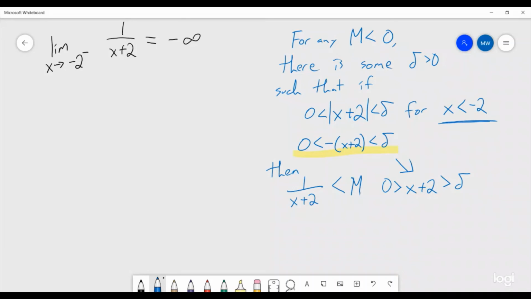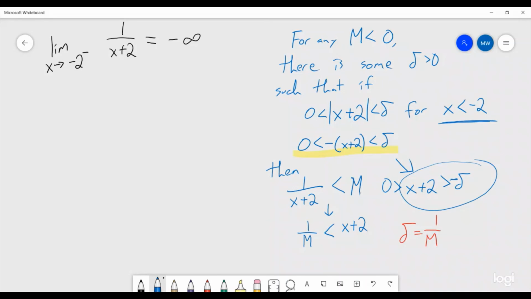We can take 1 over x plus 2 is less than M, and that becomes 1 over M is less than x plus 2. So x plus 2 is bigger than 1 over M, and x plus 2 is bigger than negative delta. We are going to say that delta is equal to 1 over M. However, oh, whoops, I forgot a negative right there.